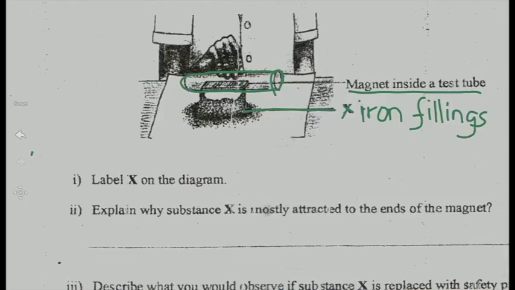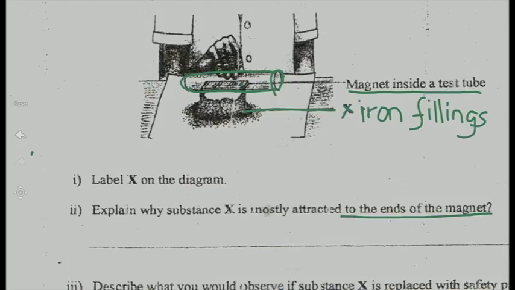Okay, we go to Roman figure 2: explain why substance X, which is the iron filings, is mostly attracted to the ends of the magnet.